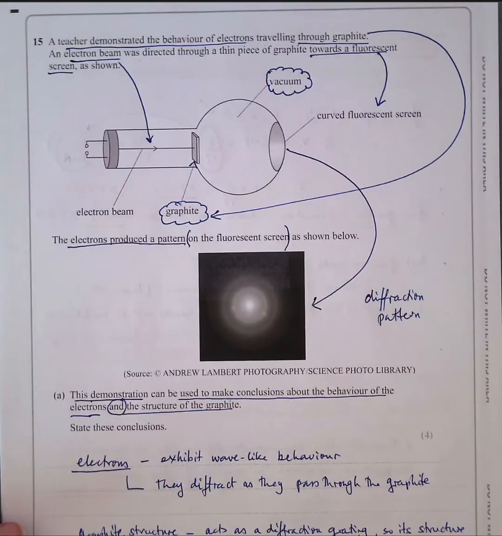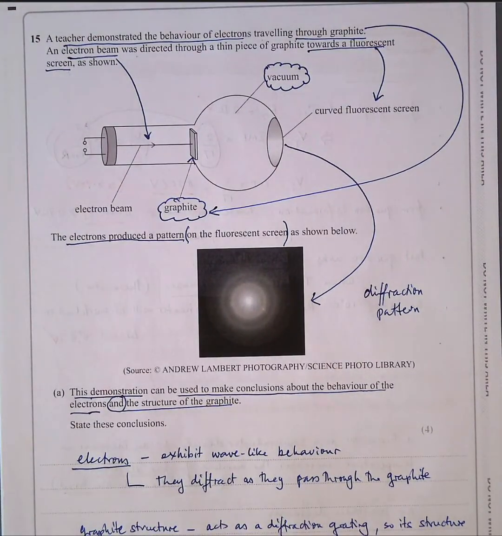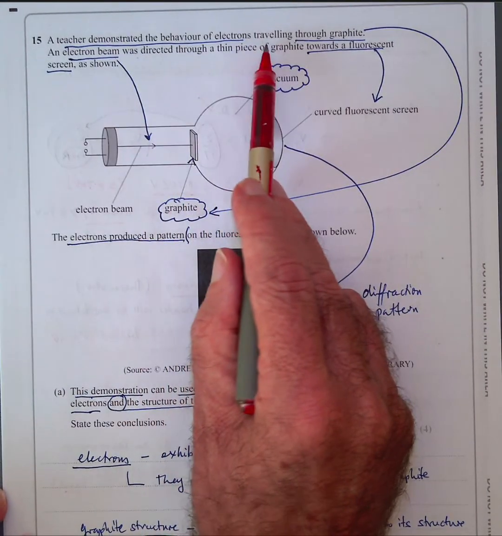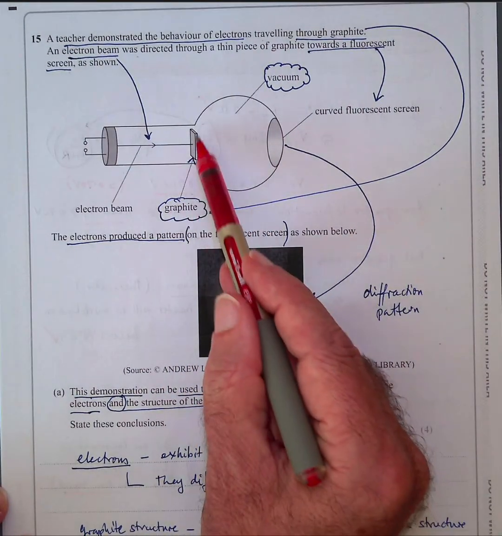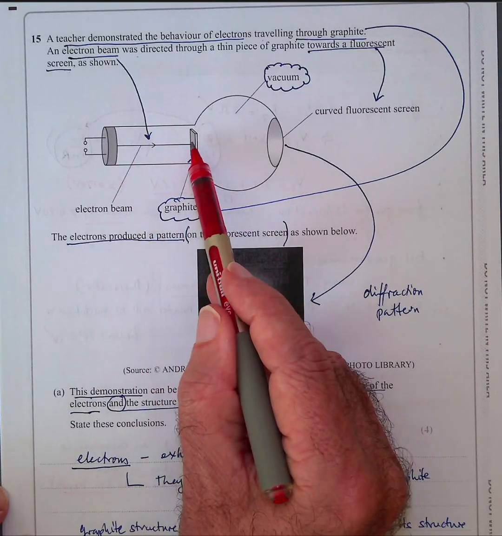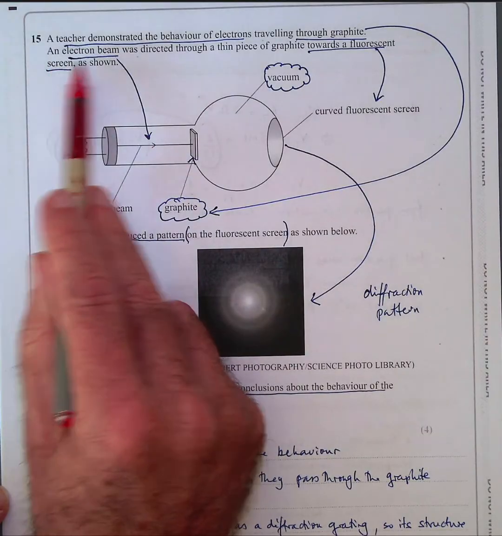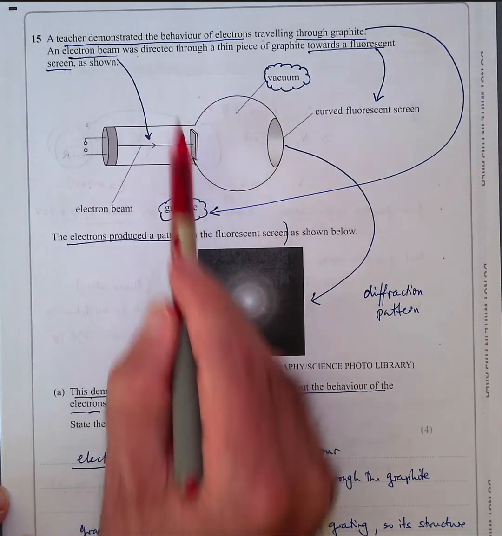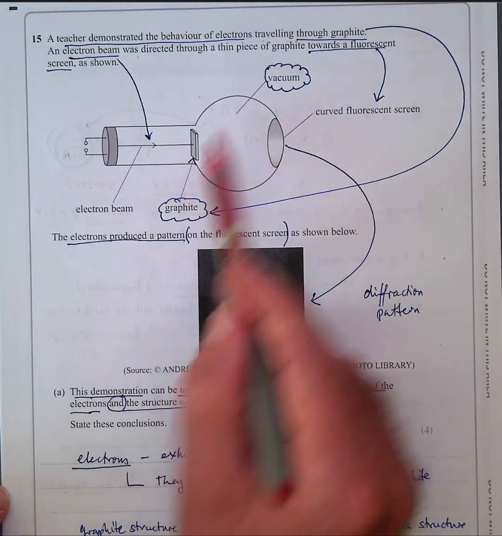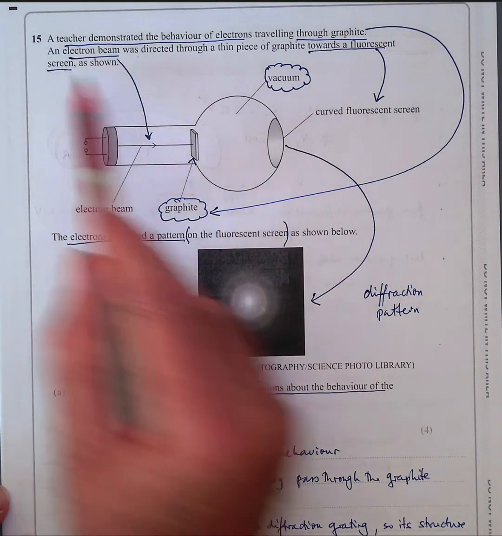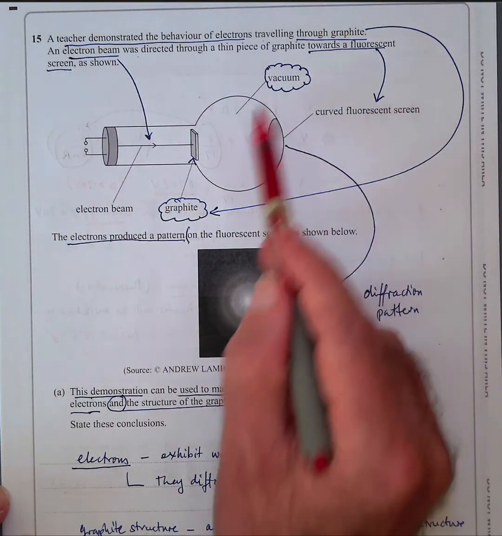Okay, the next question is question 15. Question 15 is about a teacher demonstrating the behavior of electrons traveling through graphite. So the graphite and the electrons going through basically works as a diffraction grating. An electron beam was directed through a thin piece of graphite towards a fluorescent screen, also through a vacuum.